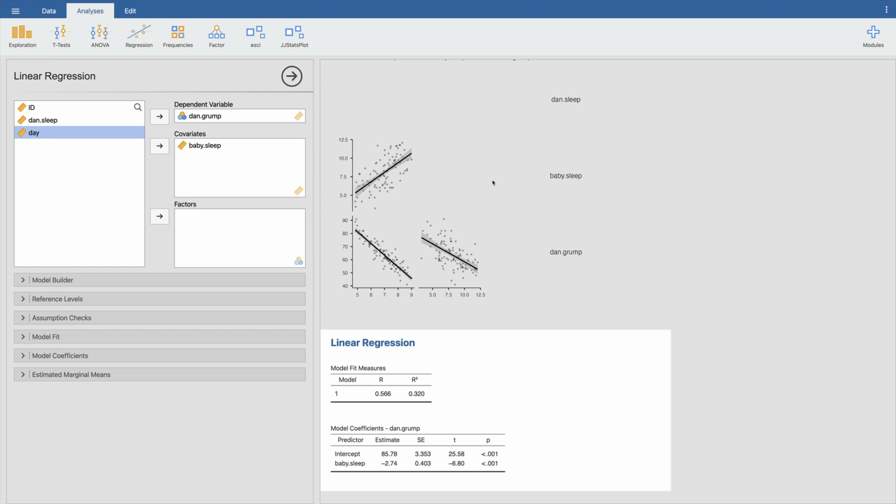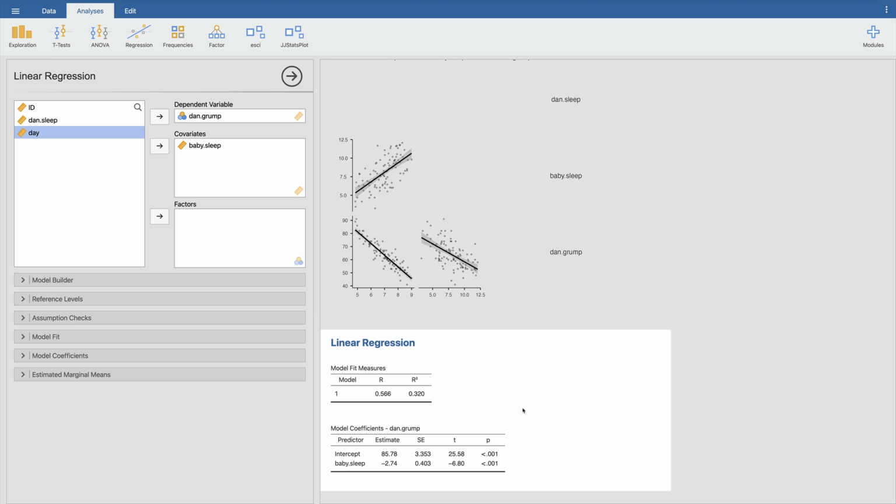Now down here in the linear regression, you can see that I have some coefficients listed. It says intercept. That is going to be, y equals mx plus b, the b part. That's my y-intercept. So 85.78 is what I would put as my y-intercept. And then the slope, or the regression coefficient, is that number you see there.